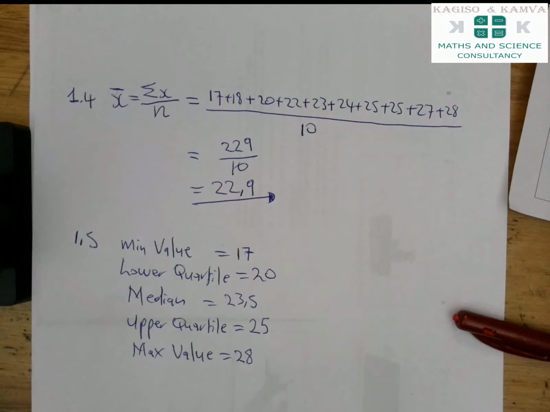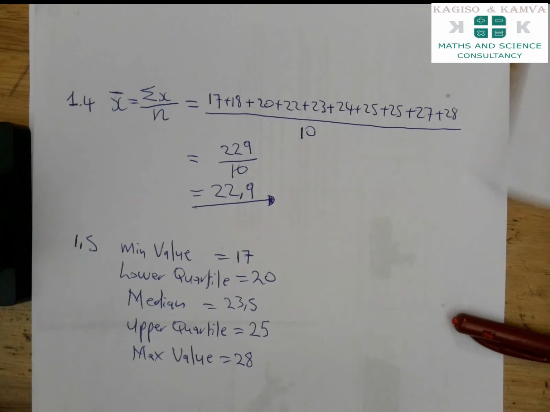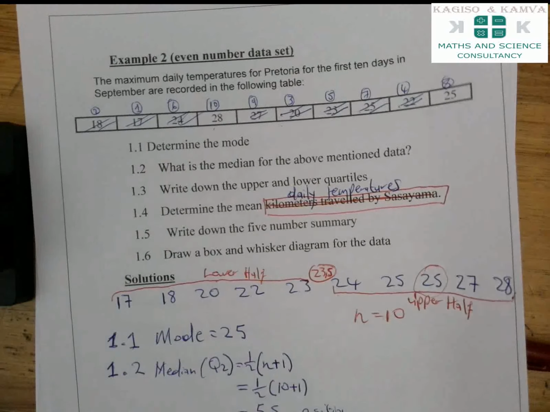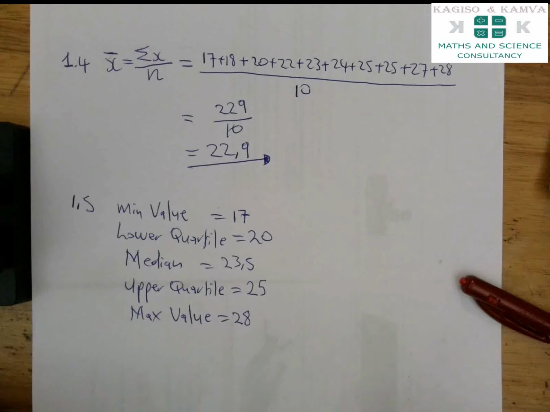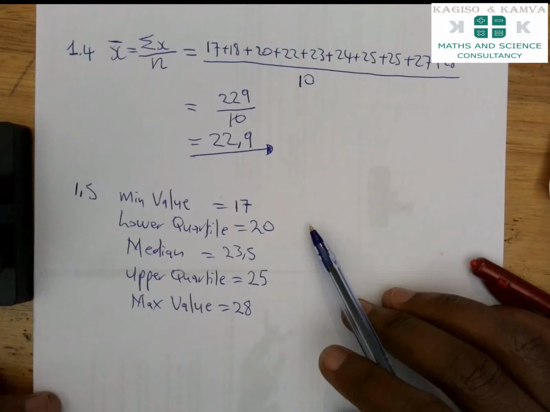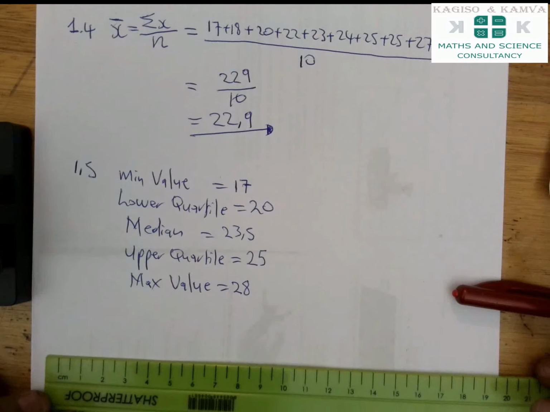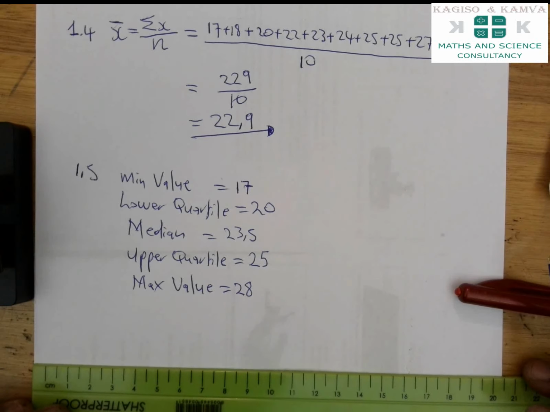Okay. So now on the next question, we are asked to draw a box and whisker diagram for the data. We know that for us to draw the box and whisker, we need to use the 5 number summary. So we're going to have what? Let us now see, maybe we started at 16.